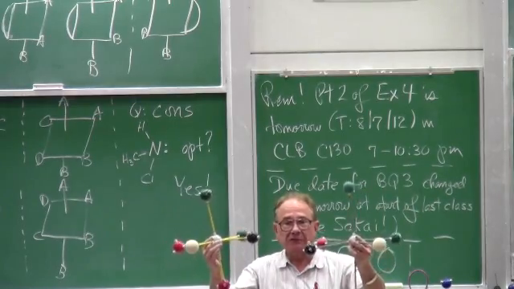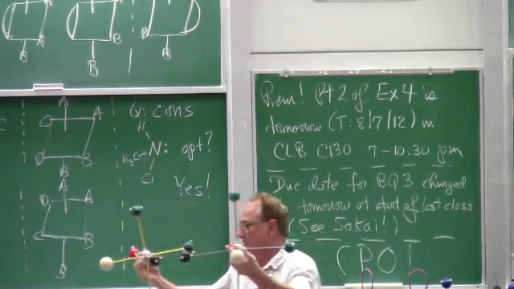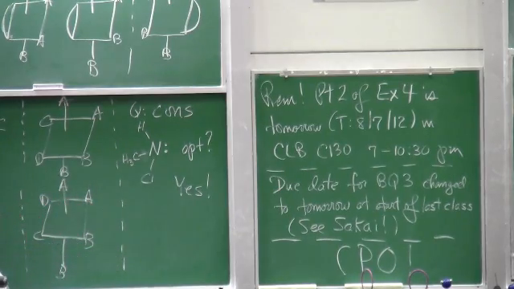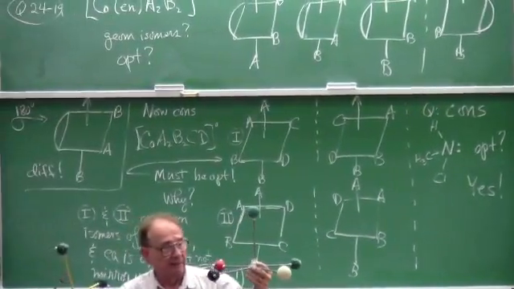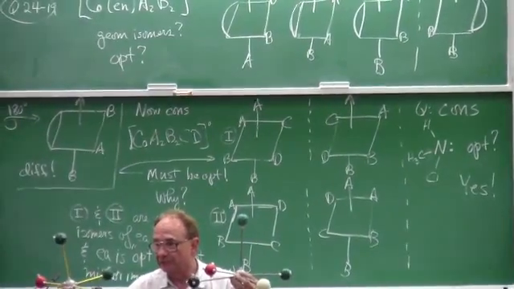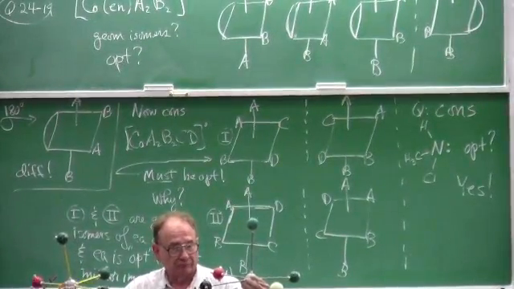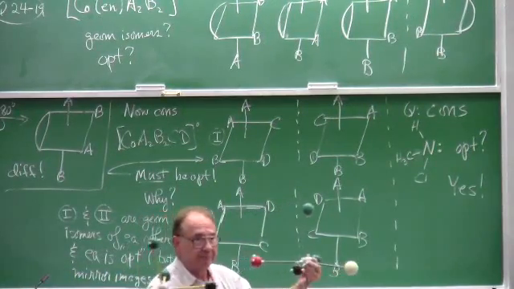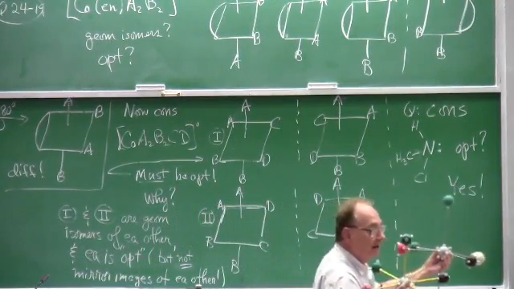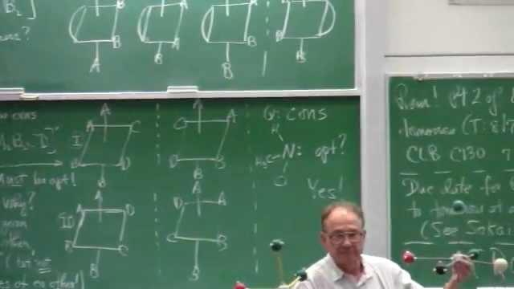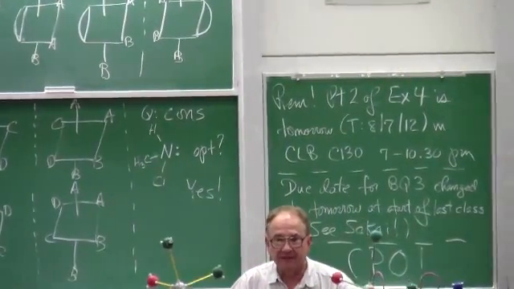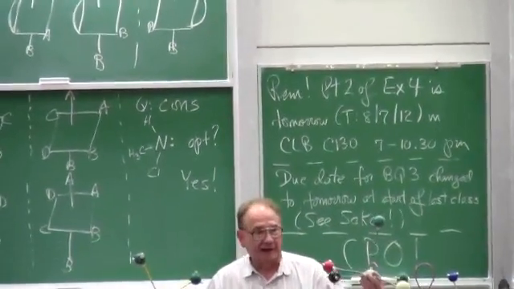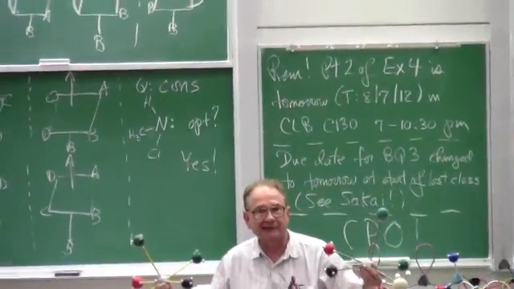So we're looking at two geometric isomers for the same complex, compositionally speaking, same structure, both octahedral, both optically active, but not mirror images of each other. What are these things? So we add one more word to our language. They're diastereomers.